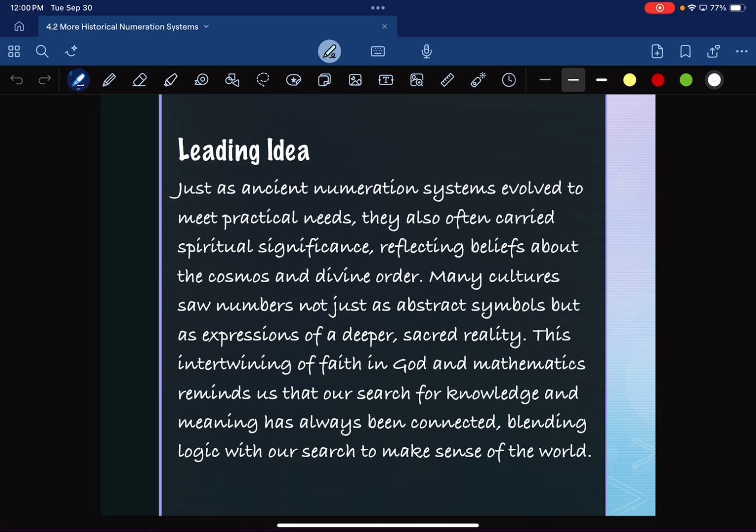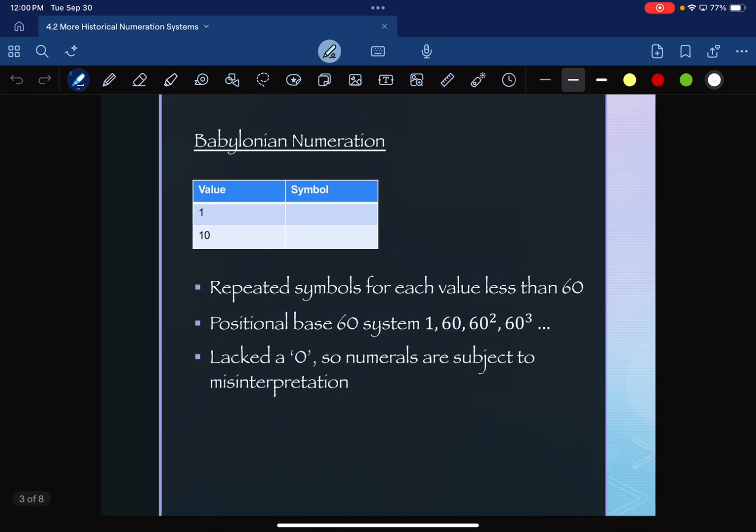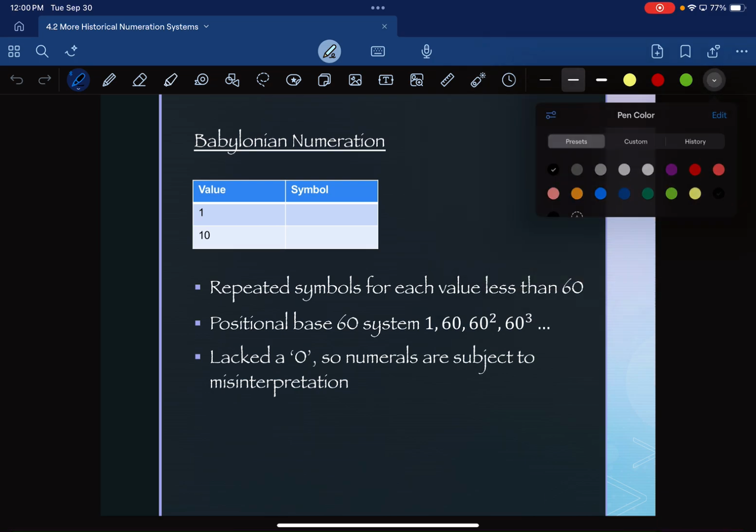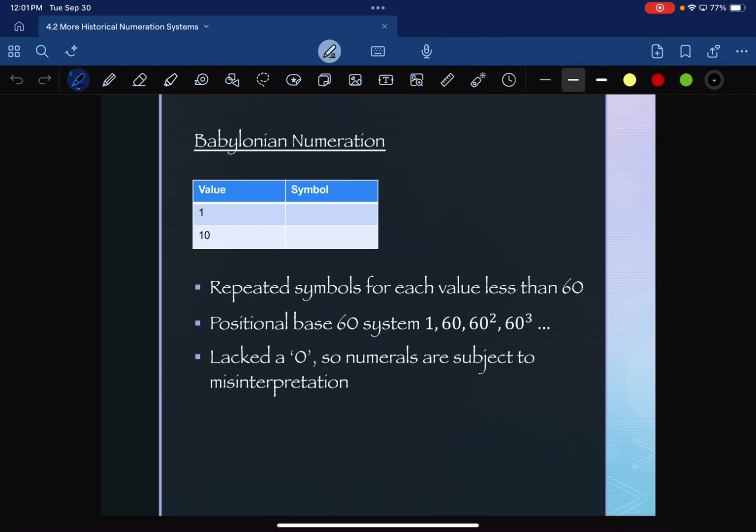So the system that we're going to look at first is the Babylonians. And the Babylonians only have two symbols. They have a symbol for the value 1 and a symbol for the value 10. Their symbol for the value 1 looks like an arrow, kind of like an arrowhead.